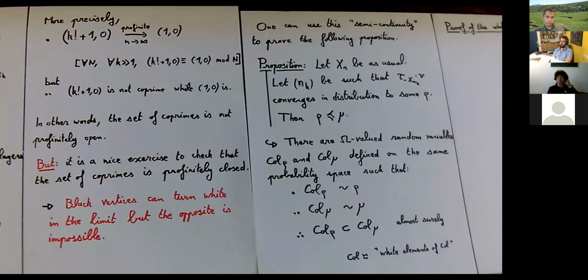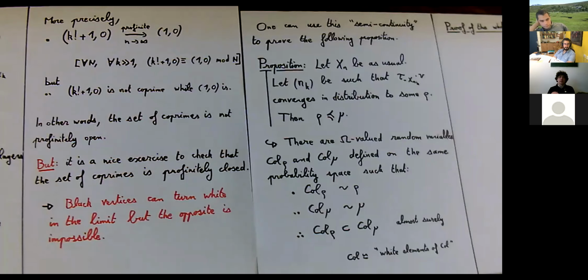And I recall what stochastic domination means in this context: it means that there are omega-valued random variables, called rho and called mu, defined on the same probability space, such that the following three conditions hold.